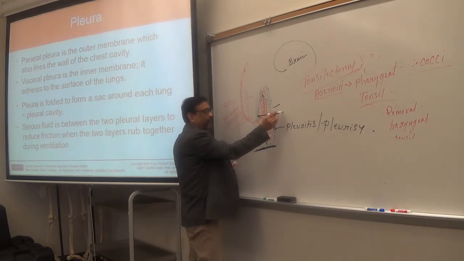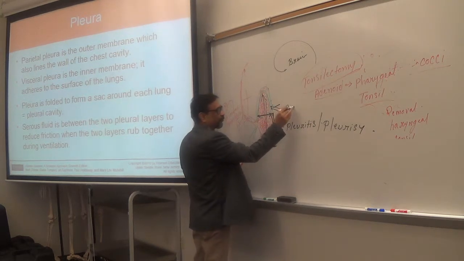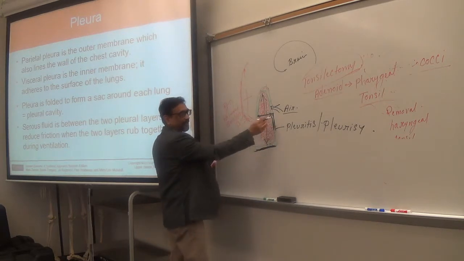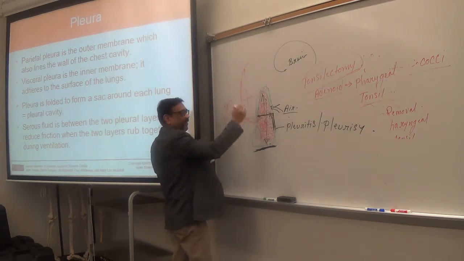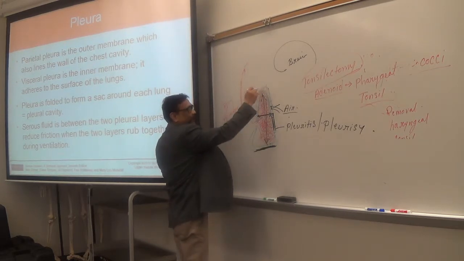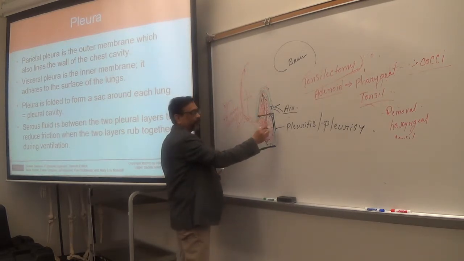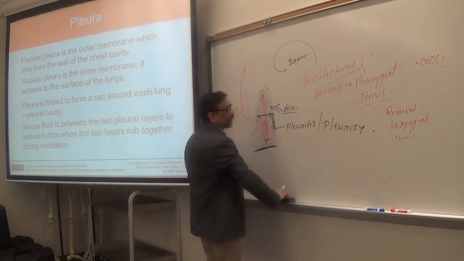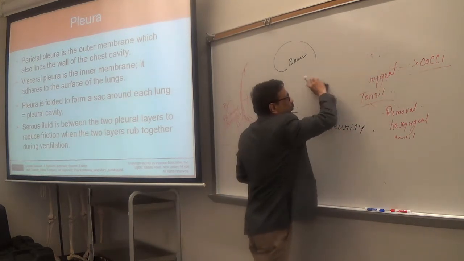And what will happen? From outside of the body, air will suddenly get in, because the pressure is lower here than outside. So suddenly air will get in and fill the pleural cavity between two layers, and that is called pneumothorax.